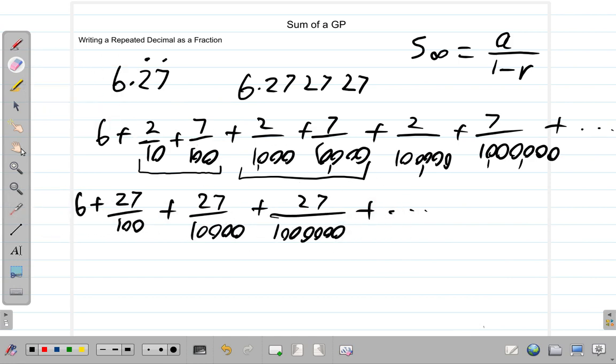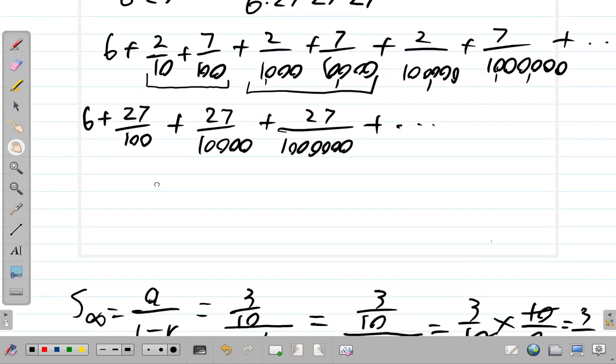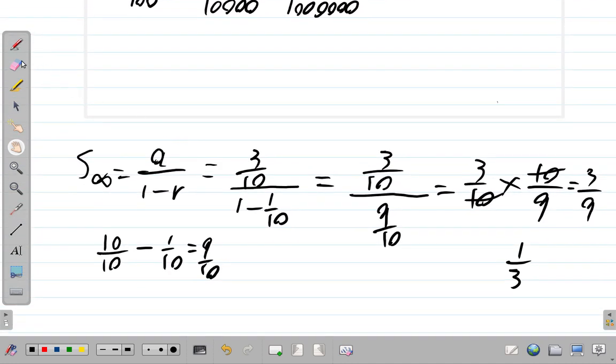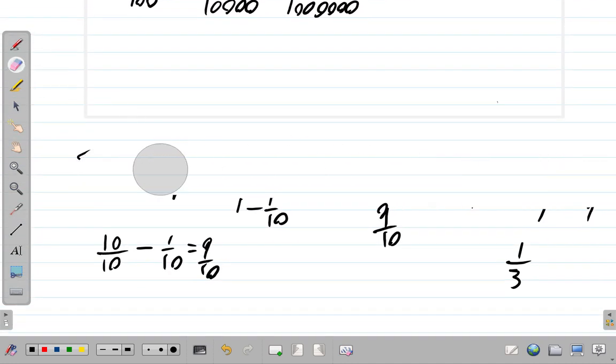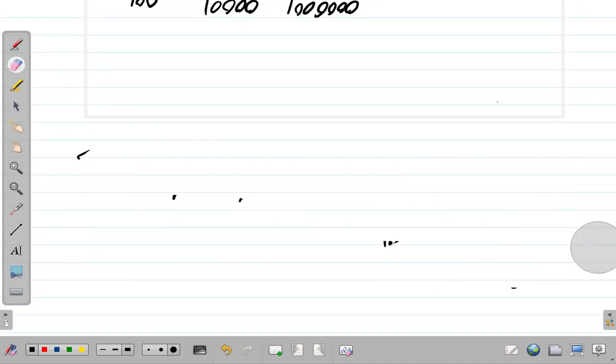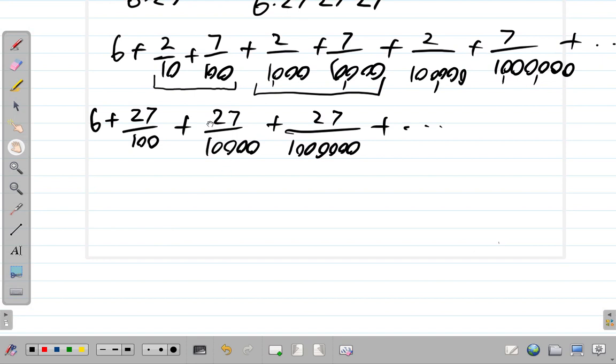Now, here, let me just erase this part. This is part of what we did in the previous video. Alright? I didn't erase all of the board. So now, here, we have the various terms of the geometric progression. Now at this point you might be tempted to say the first term A is 6.